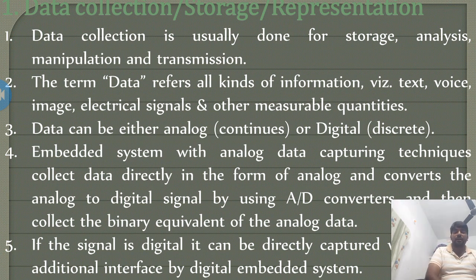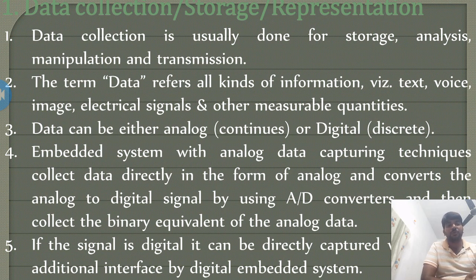Analog embedded systems directly collect the analog data in the form of analog signals, while digital data is collected by converting the analog data into its equivalent digital form. For the collection of digital data, you have to use an analog to digital converter.